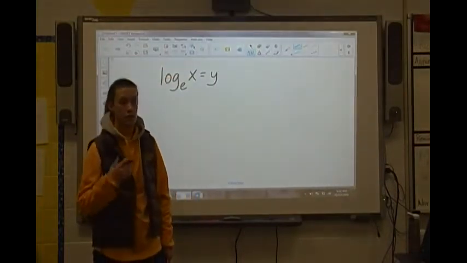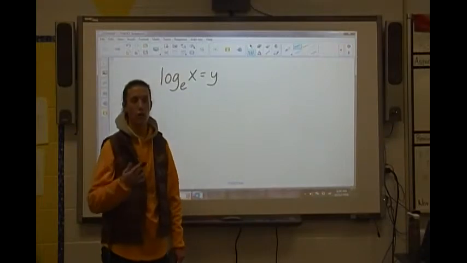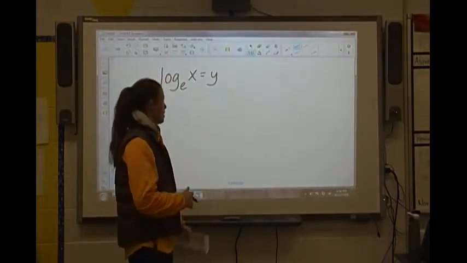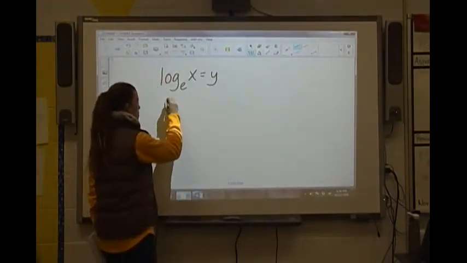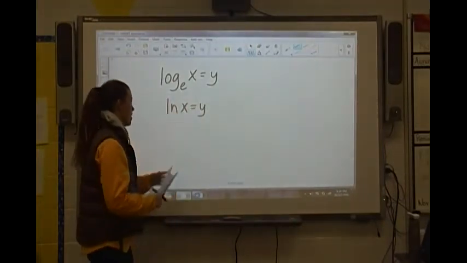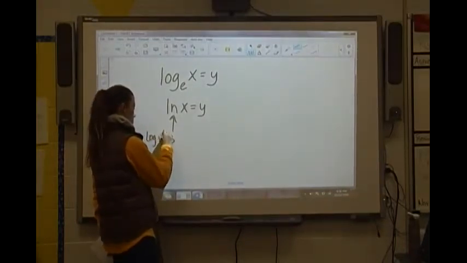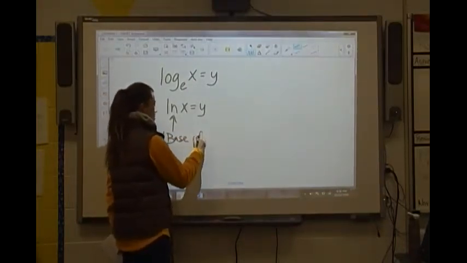It's very similar to pi, a non-terminating, non-repeating decimal, 2.72, I believe, is how that starts out. So instead we write natural log of x equals y. So we know that this means a log with a base of e.